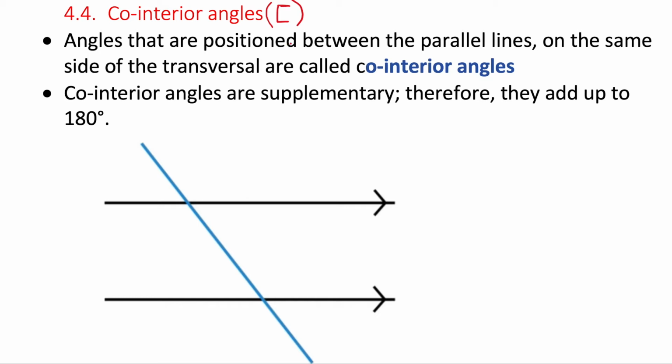Angles that are positioned between the parallel lines. So again, they're going to be between the parallel lines, and on the same side of the transversal, I'll call cointerior angles. But these ones, they don't measure the same. The cointerior angles are supplementary, therefore they add up to 180 degrees.